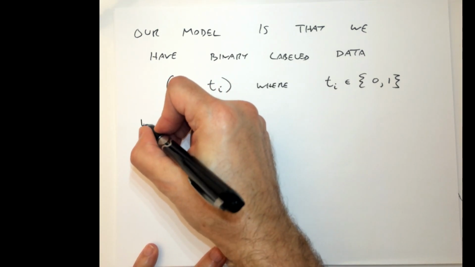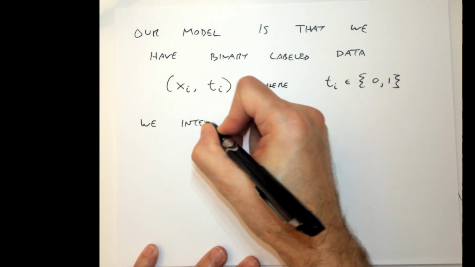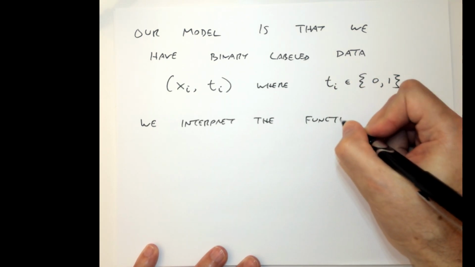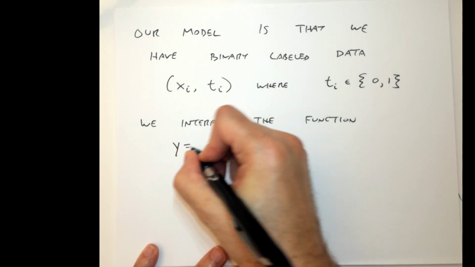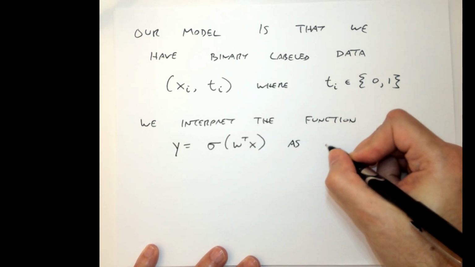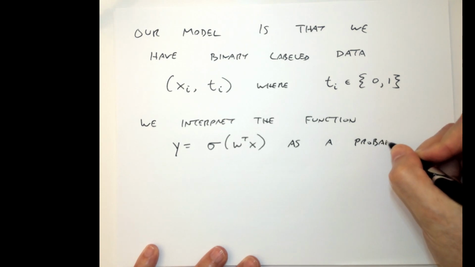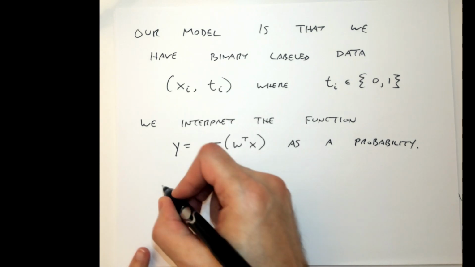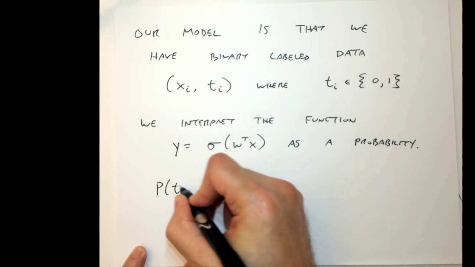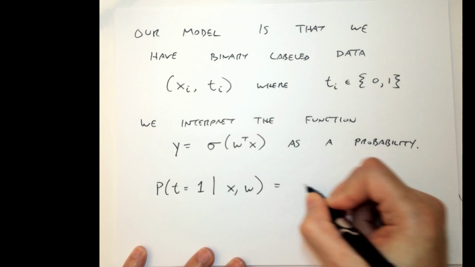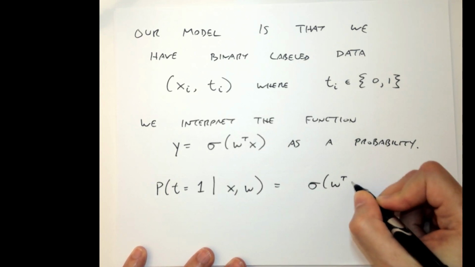And then the key idea is that we're going to interpret the function y equals sigma of W transpose X as a probability. So again, in binary classification, that's like saying that the probability that the class label is 1, given the data and the weights, is this number.